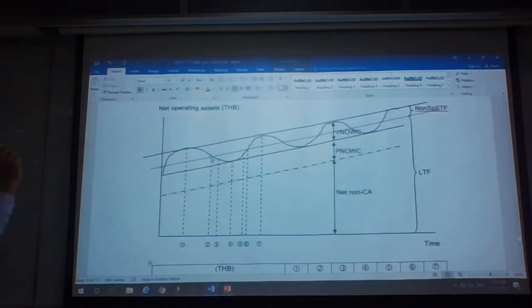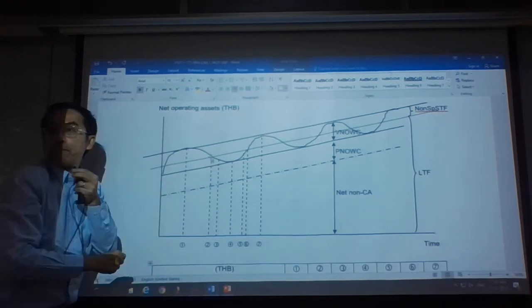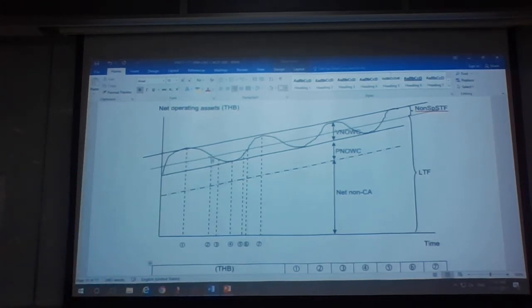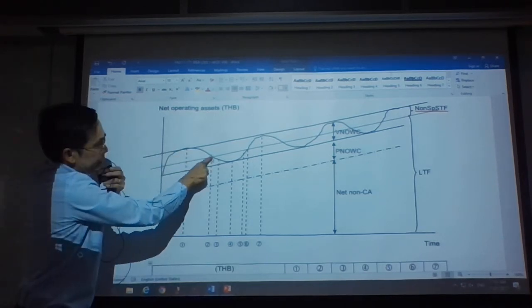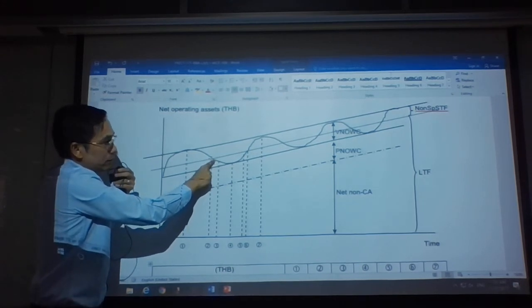Now, please take a look at point number 2 first. After point 2, the firm is moving out of the peak season towards the off-peak season. So it is going to collect money from accounts receivable.